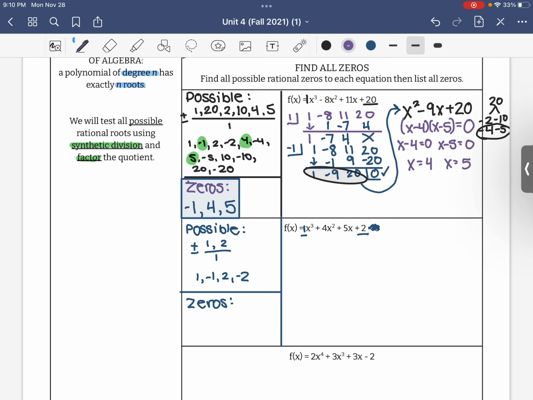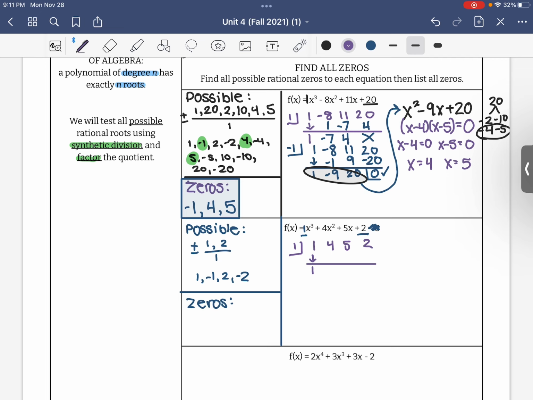And then I'm going to draw that box for my actual zeros. Okay, so I'm going to start with 1 and -1. So here's 1. I'm going to get 1x cubed, 4x squared, 5x, and 2. So I copied all my coefficients and constant.